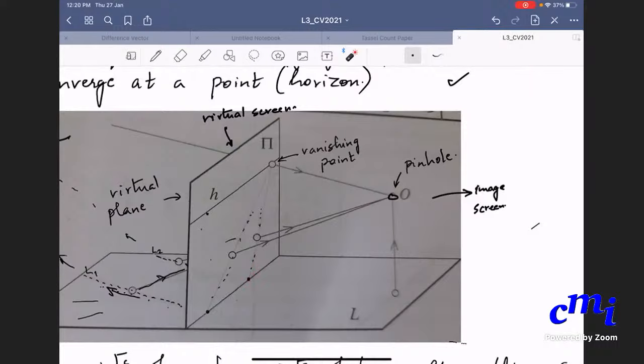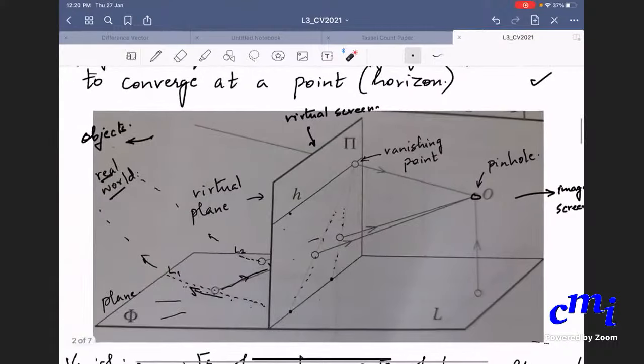As you go farther and farther away, these two lines will converge to some point here. And that point is not necessarily in the image.